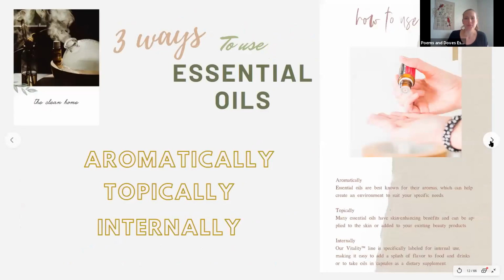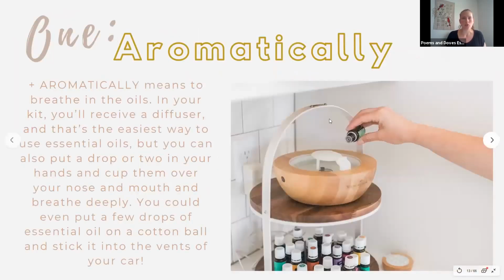So there are 3 ways you can use essential oils. Aromatically, which is through sense of smell, topically, which is on your skin, and internally, which is by ingesting it. And we'll talk about each one here a little bit.